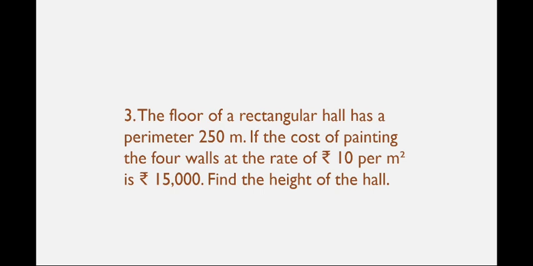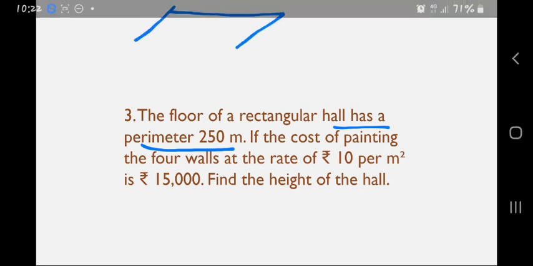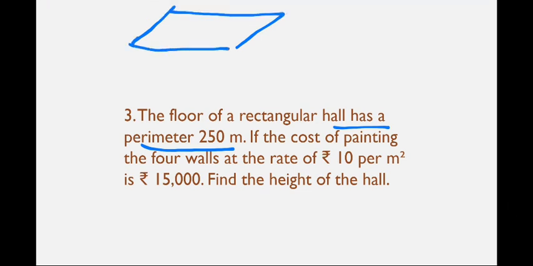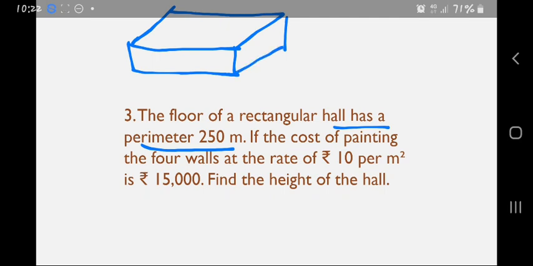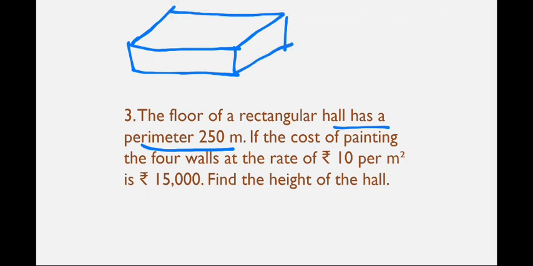First of all, the floor of a rectangular hall has a perimeter of 250 meters. Now, since it is a rectangular hall, that means it is in the shape of a cuboid. Suppose this is a rough diagram of a cuboid.